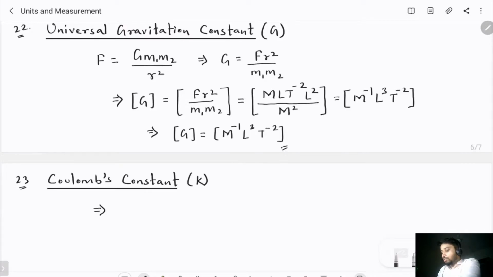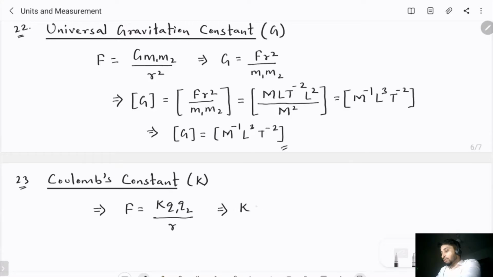So the force between two point charges Q1 and Q2 separated by a distance r is given by this formula. Here this K is actually our Coulomb's constant.